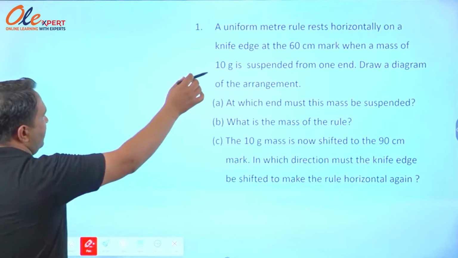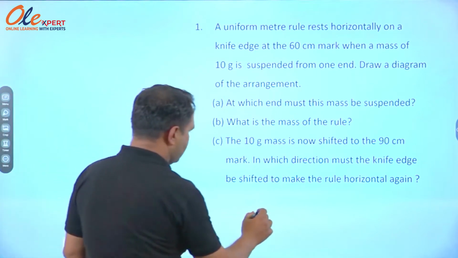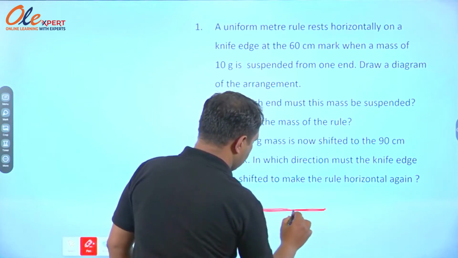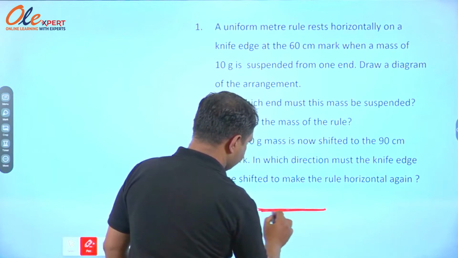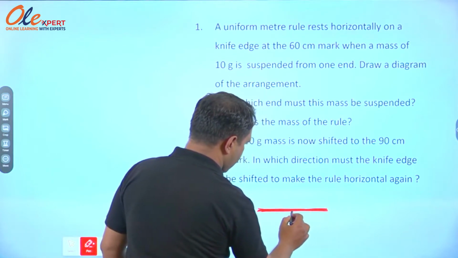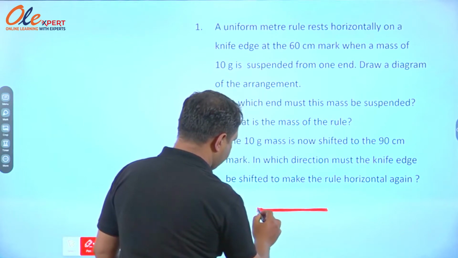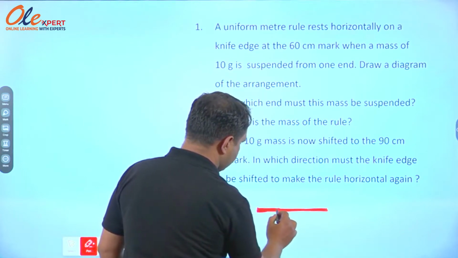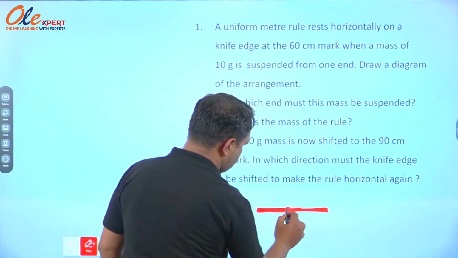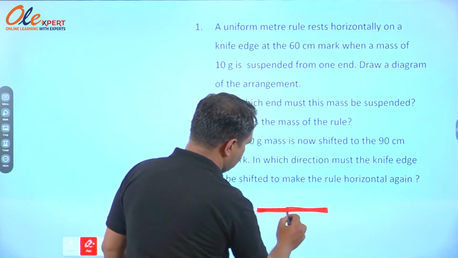So first of all we will take a uniform meter rule. Uniform means at every point it will be similar. Its cross section area at every point will be the same. So this will be the uniform meter rule.